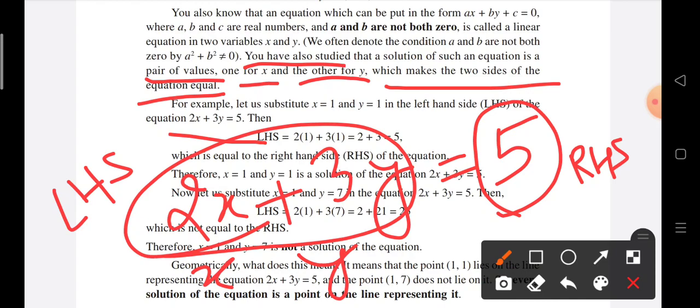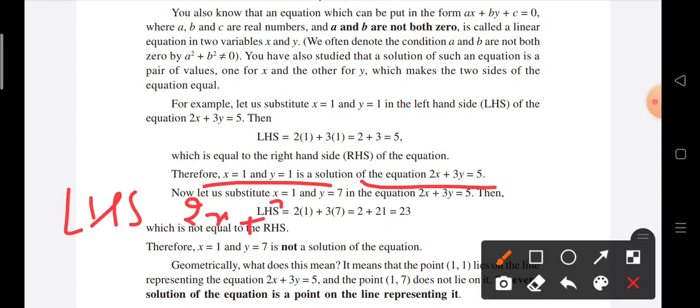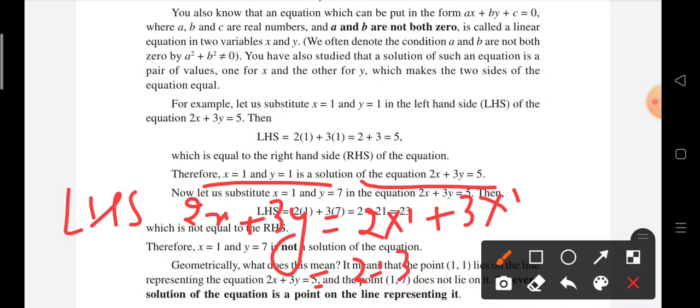So let us discuss. Suppose x equal to 1 and y equal to 1 is the solution of this equation. We substitute x equal to 1 and y equal to 1 on the left hand side. LHS is 2x plus 3y, which is 2 into 1 plus 3 into 1, that means 2 plus 3, which is equal to 5.